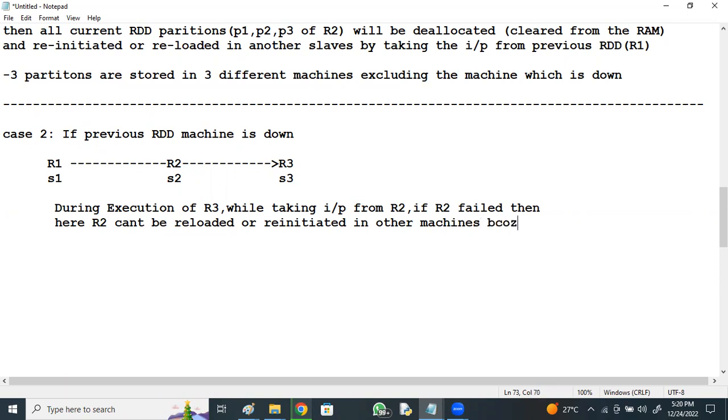Because R2 input is R1, where R1 is not available.